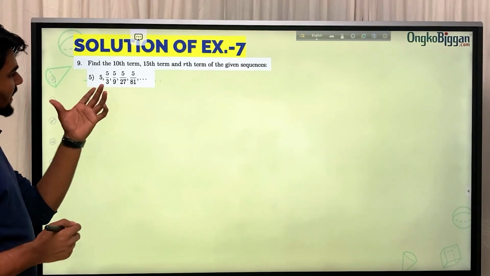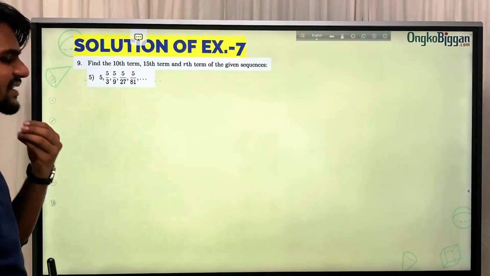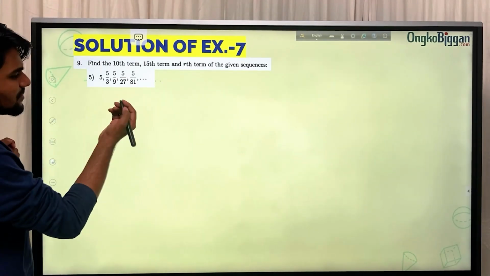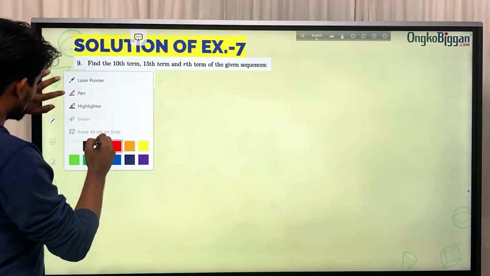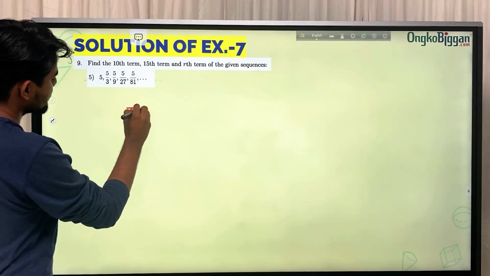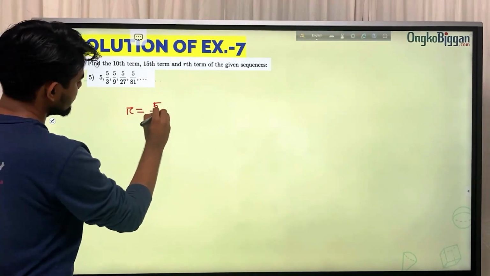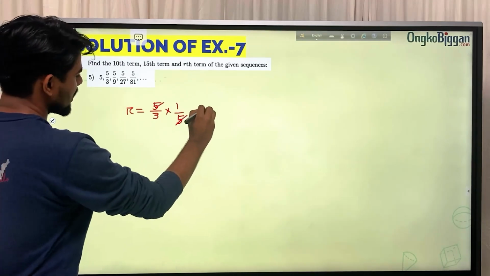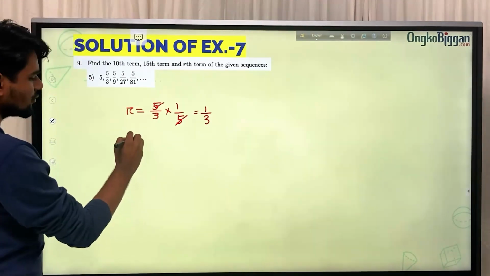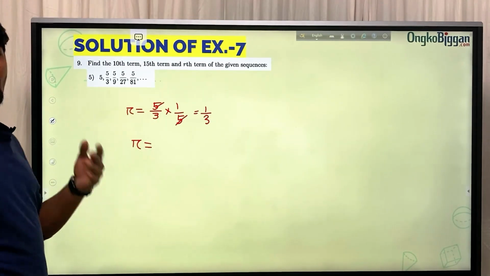So I guess this is a geometric series or geometric sequence because they have a common ratio. Let me see if I can get a common ratio from here. So then r is equal to 5 by 3 into 1 by 5. We get 1 by 3. Again, we test if it actually has a common ratio.